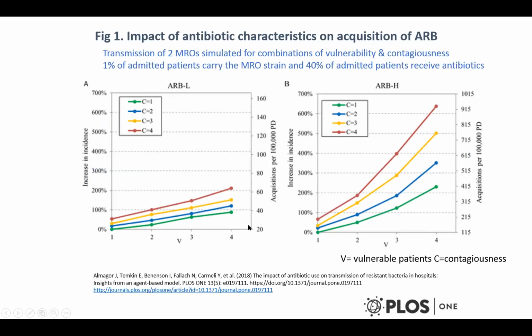You can see an increased number of acquisitions. And then if you just go over to the graph on the right-hand side, what you can see is that with this highly resistant strain, everything is magnified so that there's a much higher risk of contagiousness.